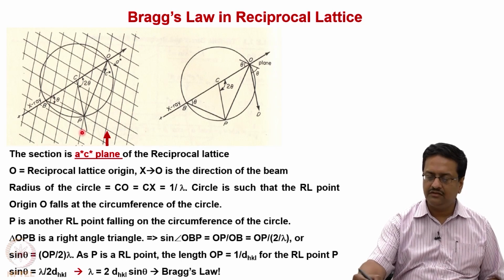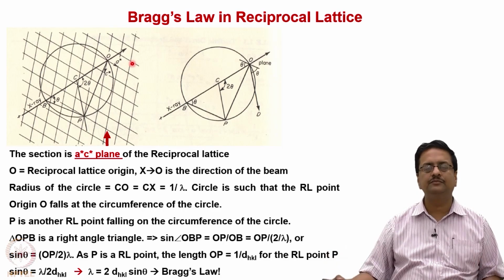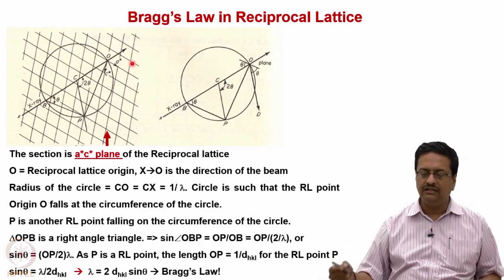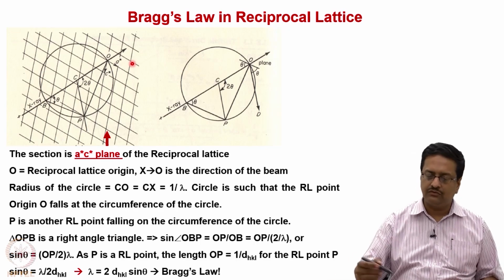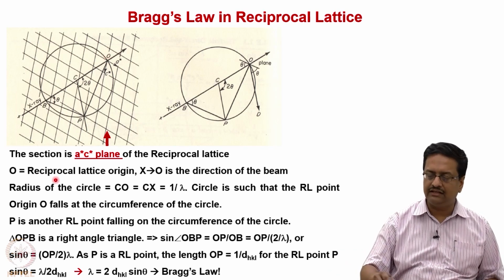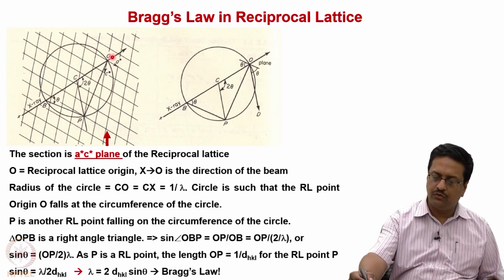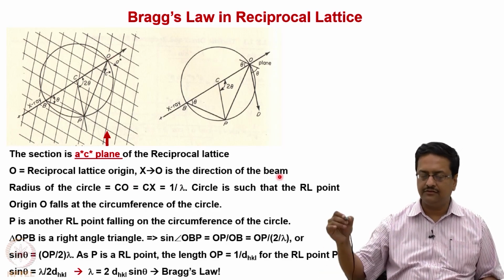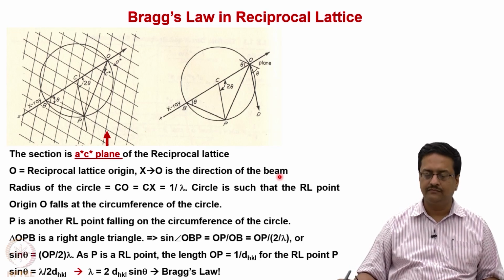So every point of intersection of these lines represents a reciprocal lattice point in the A star C star plane, and we assume this O as the reciprocal lattice origin, and the direction XO is the direction of the X-ray beam that is falling on this particular crystal.